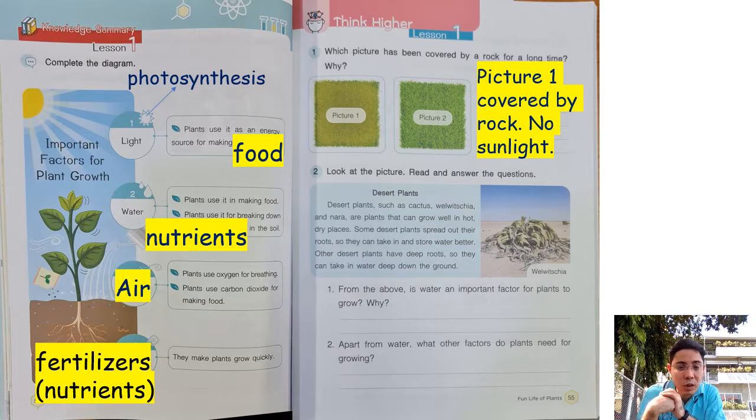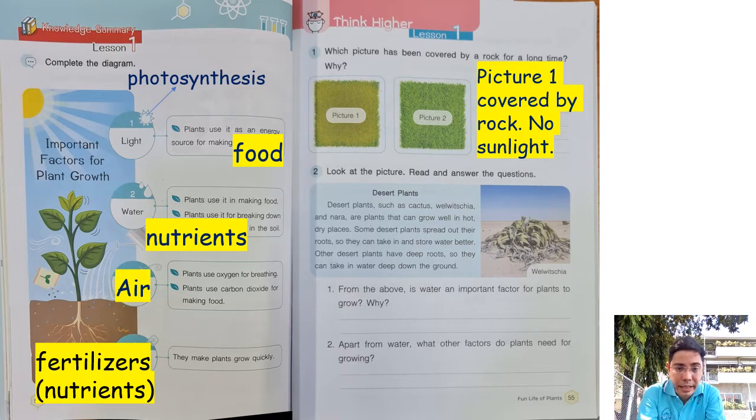Now, look at the picture. Read and answer the questions. Desert plants. That is an example of a desert plant. A cactus. It has a pointed, sharp, needle-like body. So they live in dry places. Some desert plants spread out their roots so they can take in and store water better.